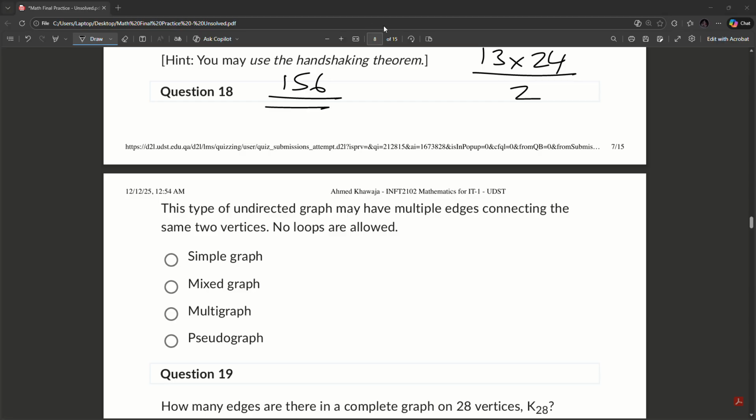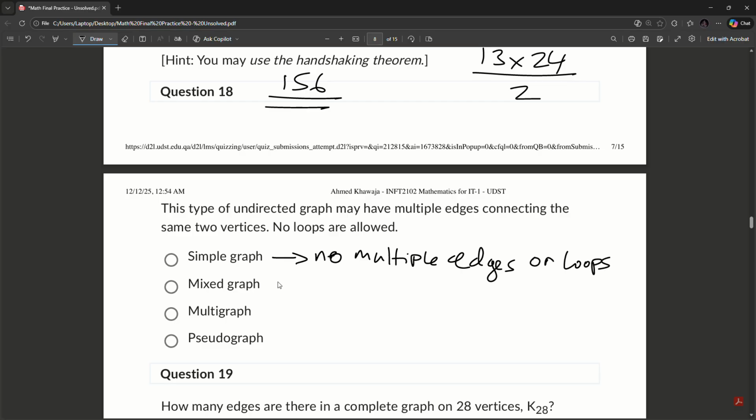Okay, so after I've written down my answer in my own notebook. So a simple graph doesn't allow multiple edges or loops.